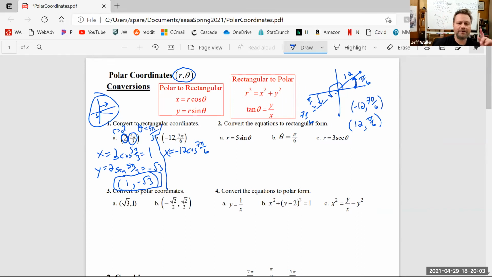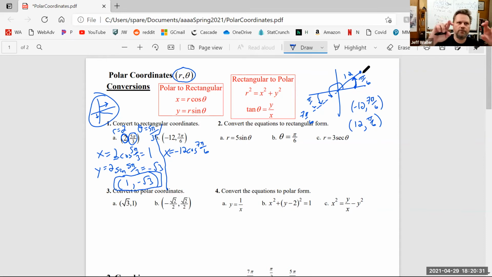So I can tell this poor person, I want you to rotate 7 pi over 6 radians, and then I want you to walk backwards 12 steps. And so he'll end up here. But if I told somebody, I want you to rotate by pi over 6, and then walk forward 12 steps, they would still end up here.